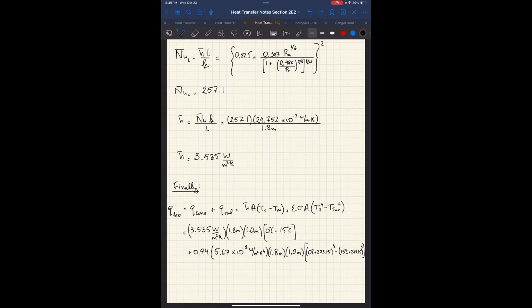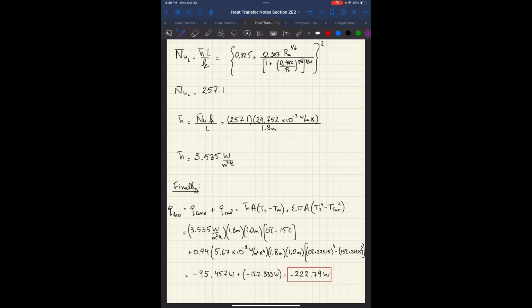All right. So this will actually turn out to be a negative number. I have it written in my notes, I wrote both of them. So basically your convection becomes negative 95.457 watts. And then your radiation is negative 127.333 watts. And this overall will be negative 222.79 watts.